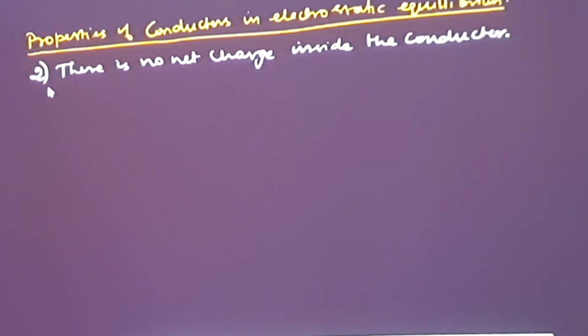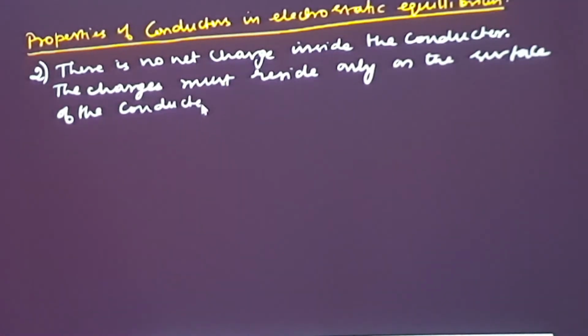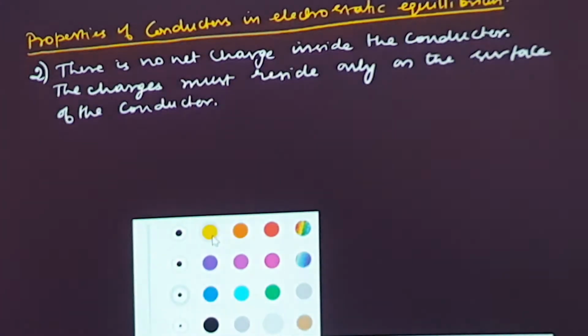That is, the charges must reside only on the surface of the conductor. So what do you mean by this, or how can you explain this?